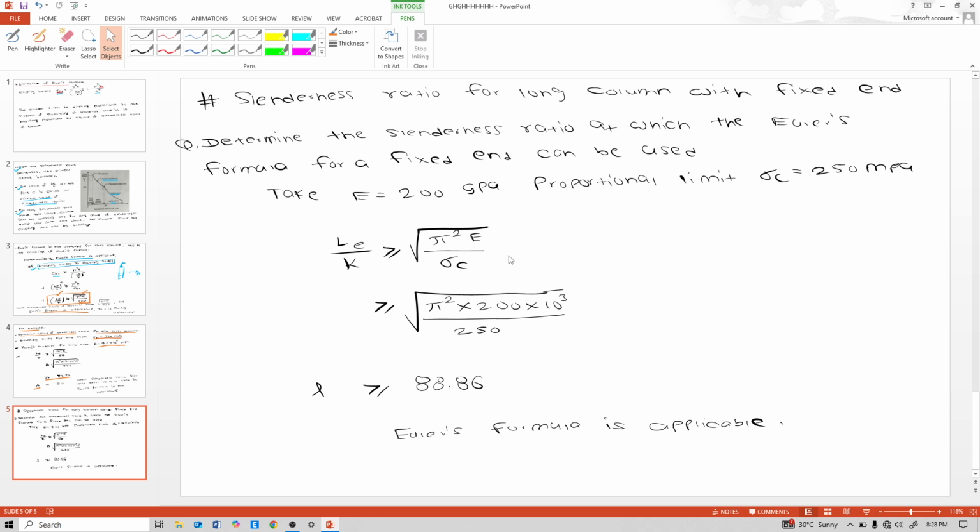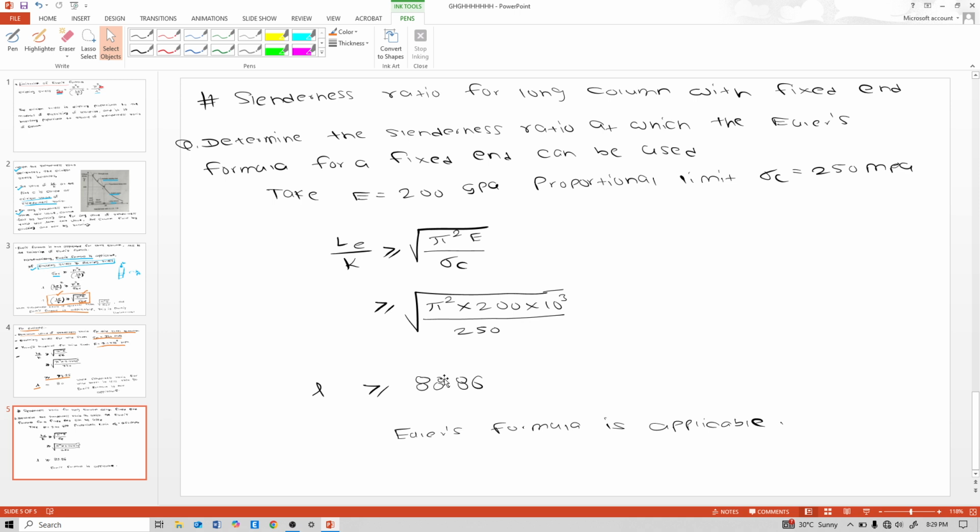Just put in E and crushing stress, and you will get the slenderness ratio as 88.86. That is the limit for the slenderness ratio. So the slenderness ratio should be greater than or equal to 88.86, and then only Euler's formula is applicable.